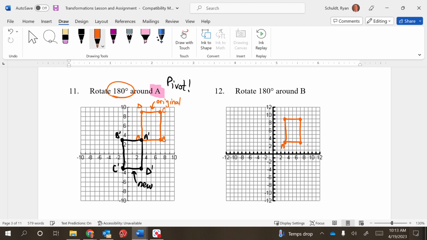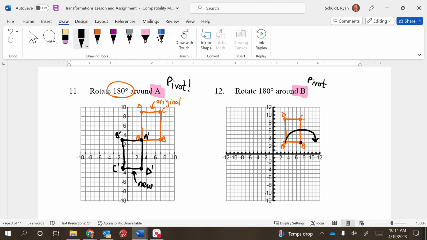Okay, A, B, C, D. Okay, rotate 180 around B. So now B is our pivot. That means not only does A have to rotate up, it's got to rotate again.